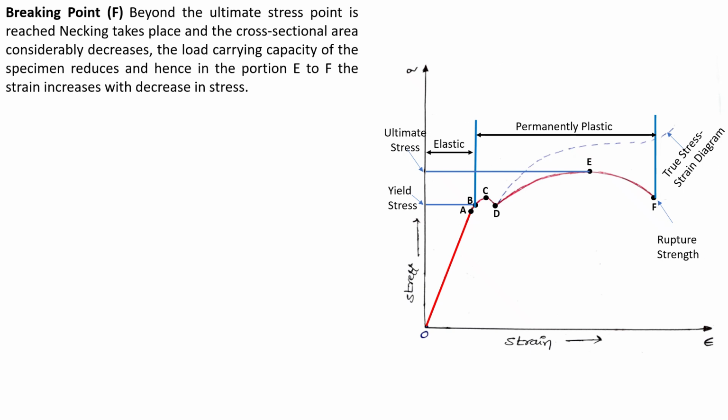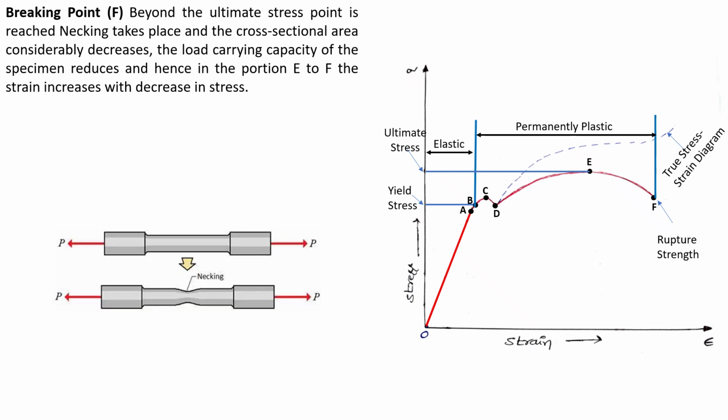Then the load carrying capability of the specimen reduces, and hence in the portion E to F, strain increases with a decrease in stress. After the ultimate stress point, as we continuously stress the specimen, its cross-sectional area reduces. That is what we call necking.